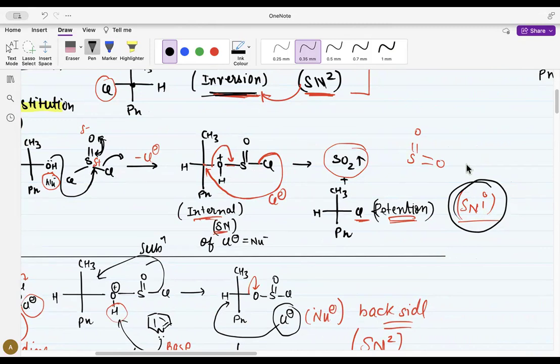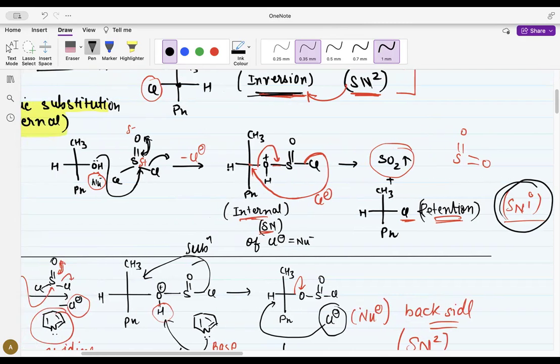Sir, what happened to the hydrogen attached to oxygen positive? Beta, it went away with the solvent. Don't worry.